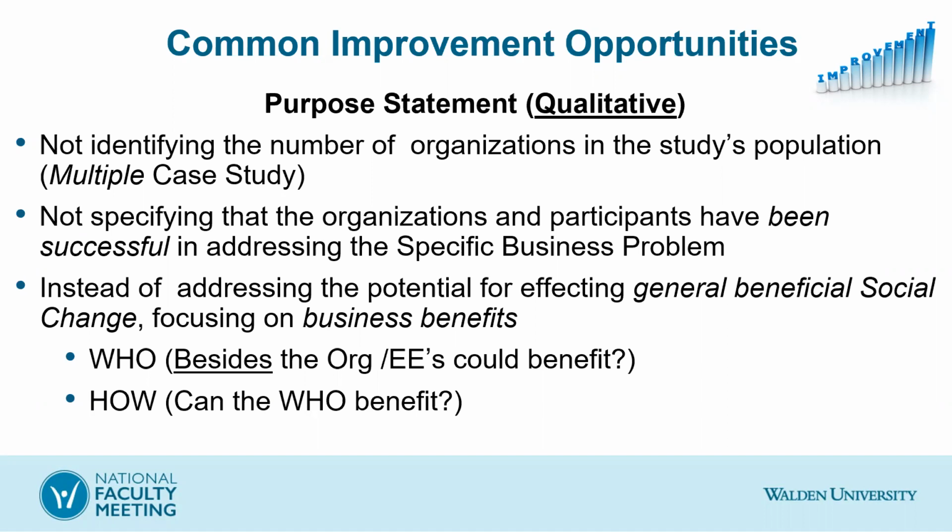We will often see, I'm going to be interviewing fast food managers who have been in business for at least 5 years. Well, that doesn't say that they've been successful in addressing voluntary turnover, that they have strategies that they've developed and implemented that have resulted in reducing voluntary turnover.